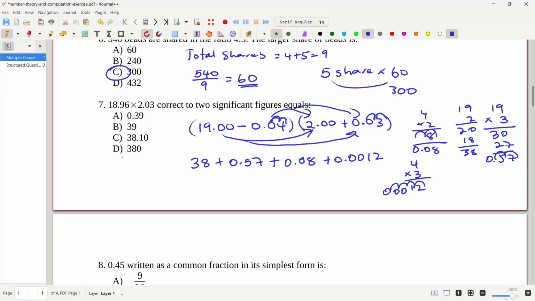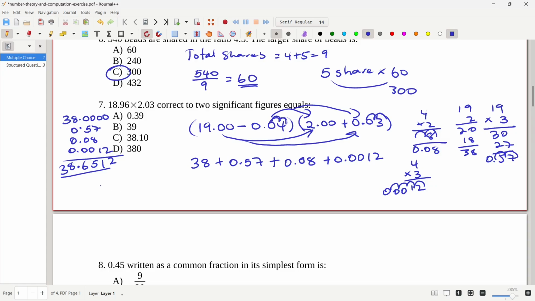I just simply need to add these together, so I'm just going to write it out here: 38.0000, and then I would put 0.57, 0.08, and then 0.0012. So I have 2 over here, 1 over here. 8 and 7 would give me 15, so put a 5, carry 1, which is 6, and then have 8 here, and then 3 here. And that is my answer.